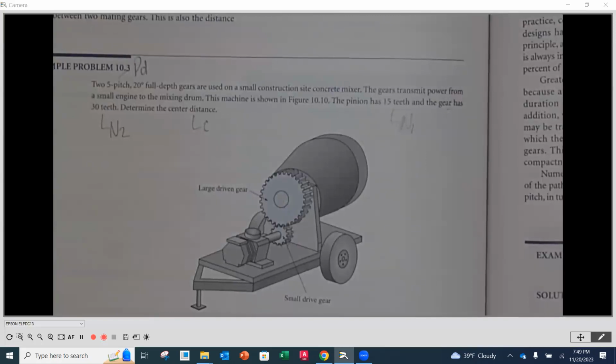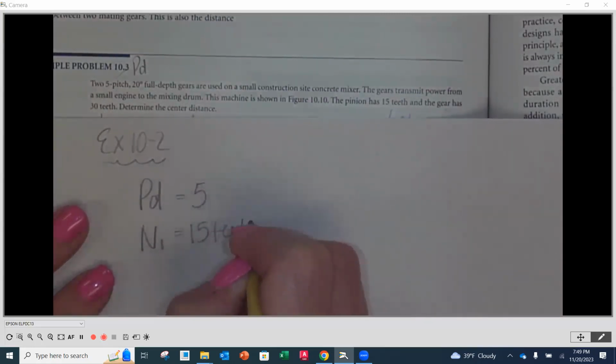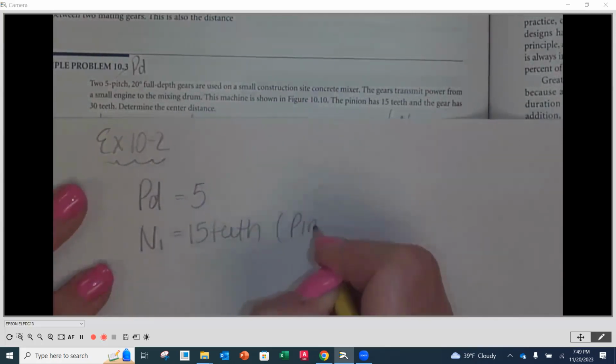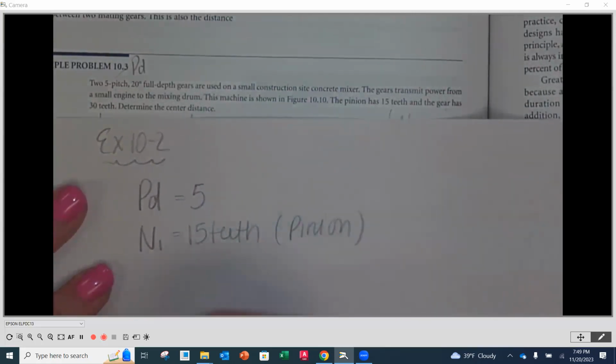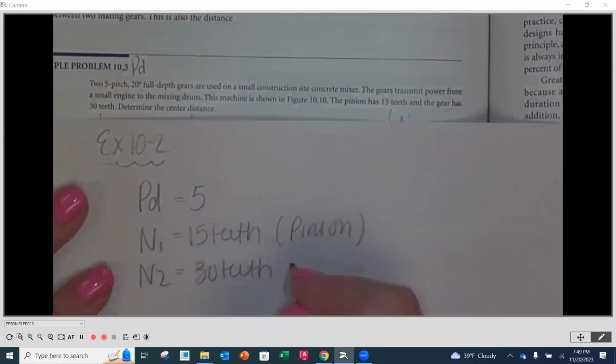Determine the center distance. In this case, we're going to write down more of what we know. We have N1 equal to 15 teeth, and I'm going to put in parentheses pinion until we get used to that. And N2 is 30 teeth, in parentheses, the gear.